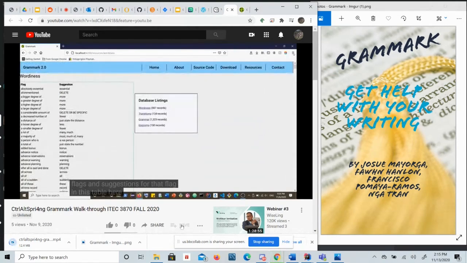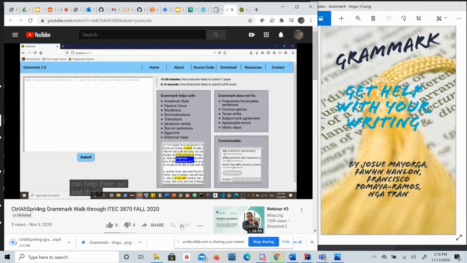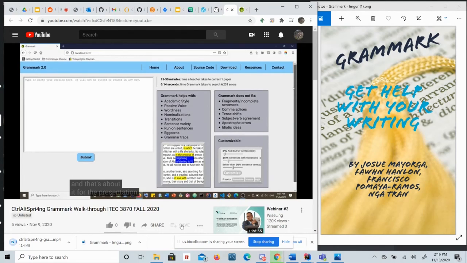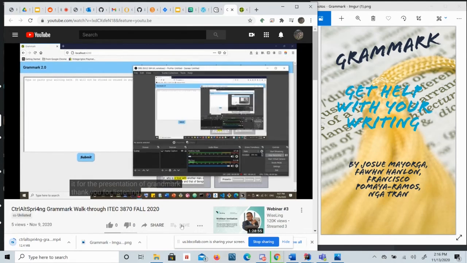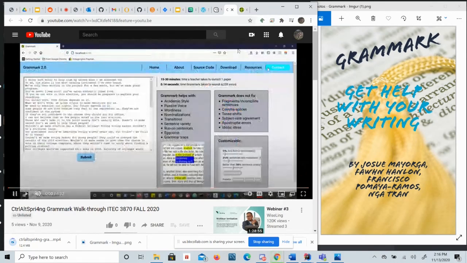Fawn, is the website going to remain active into the next semester, and is it hosted for free somewhere? I don't think I'm the best person to ask, but I think Na has more information about that. I don't want to say yes or no and be incorrect about it, because she was the one that was able to deploy it for us and told us what she knew about that.